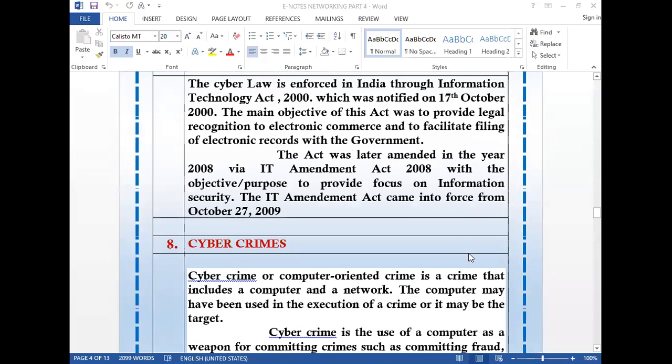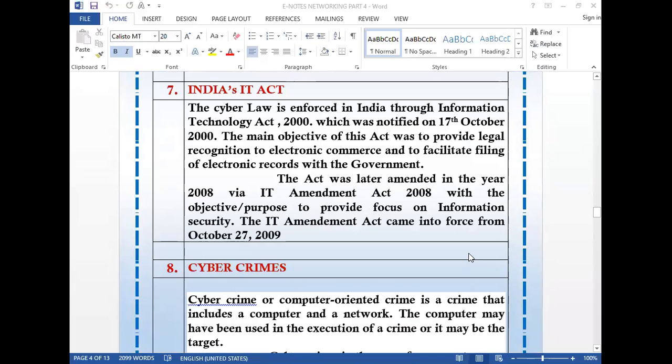Now, the next concept we are going to study today is India's IT Act. Beta, basically IT stands for information technology. Cyber law came into existence by the Information Technology Act 2000, which was notified legally on 17th October 2000.